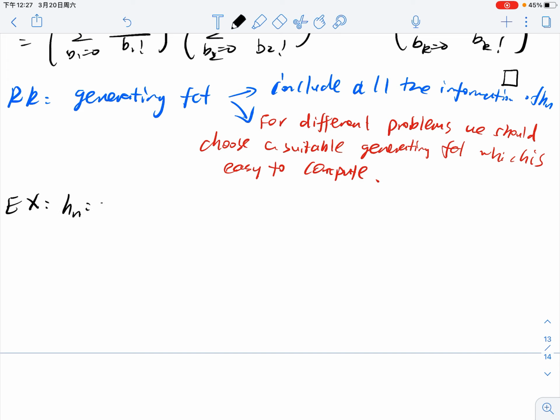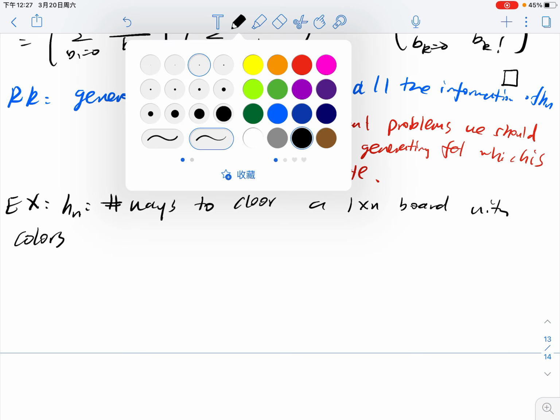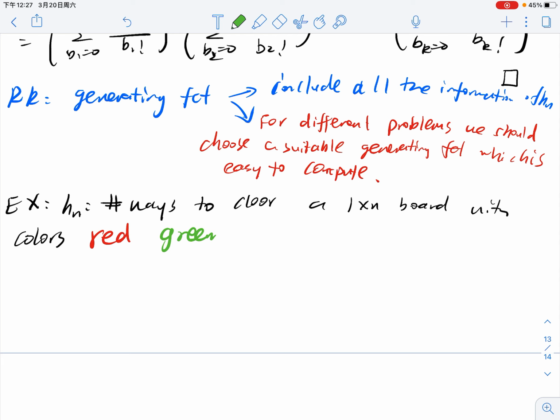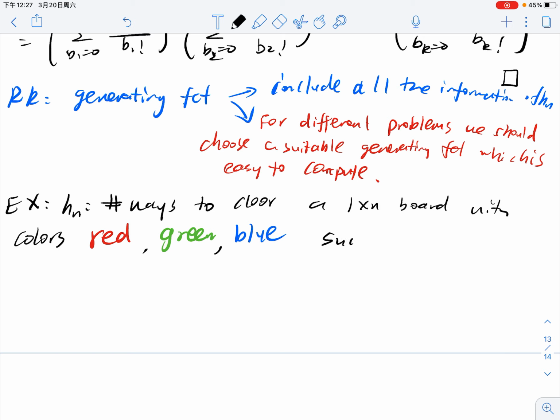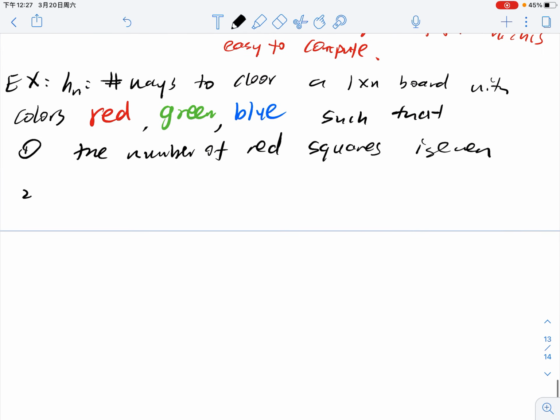Let H_n be the number of ways to color a 1 by n board with colors red, green, and blue, such that firstly, the number of red squares is even, and secondly, there is at least one blue square.